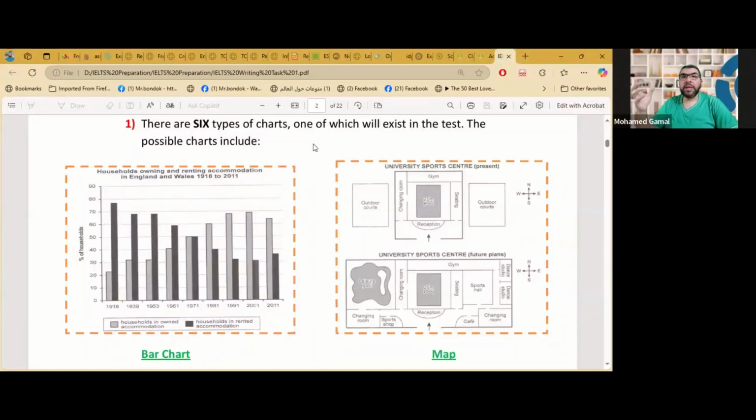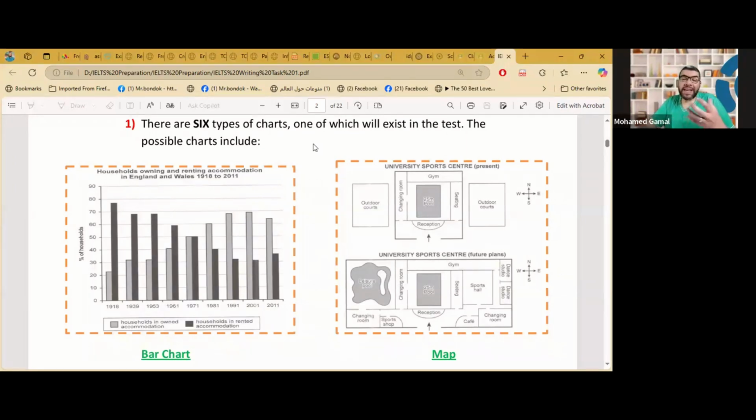Usually, the key changes or the key differences are 3 or 4, not more than that. Sometimes, of course, you have more, and sometimes you have fewer than that, but the frequent thing is that it's usually between 3 and 4 key changes. This is why you won't write much about these, and this is why you are not going to select everything to write about.